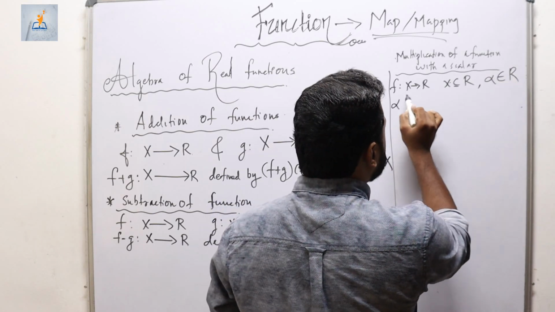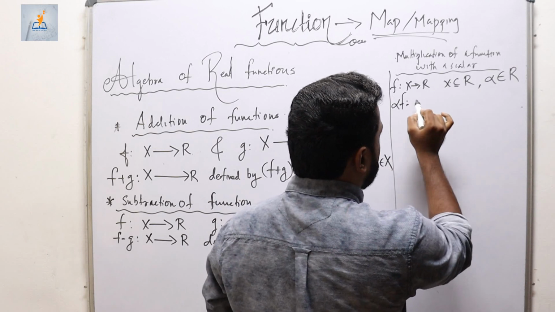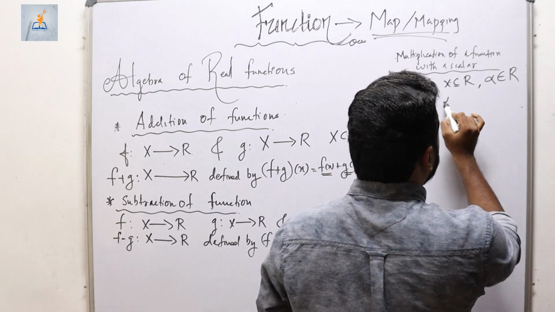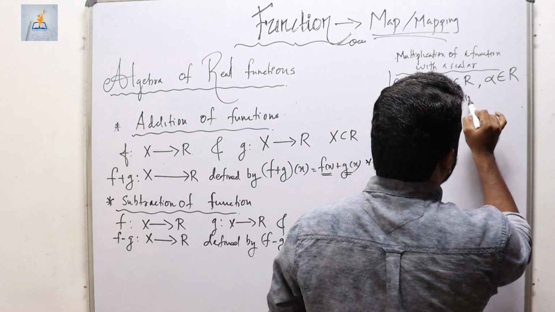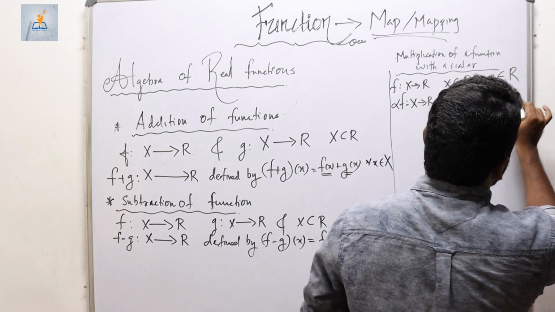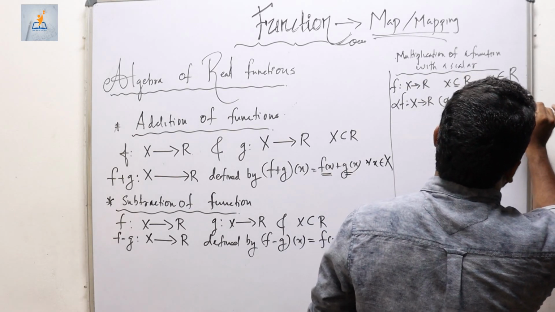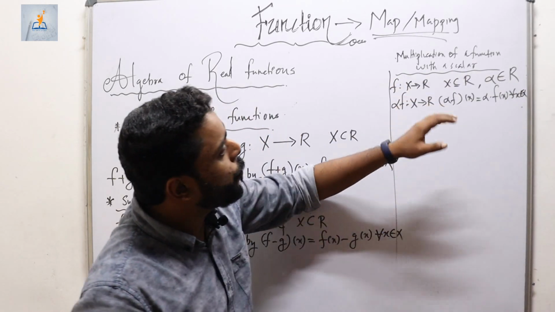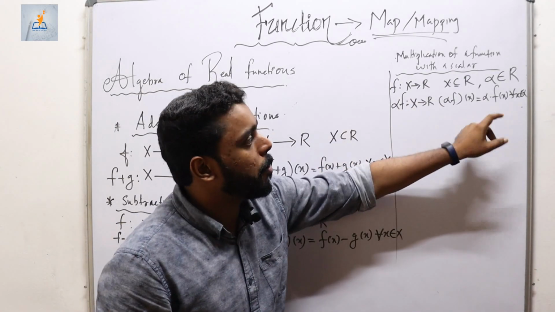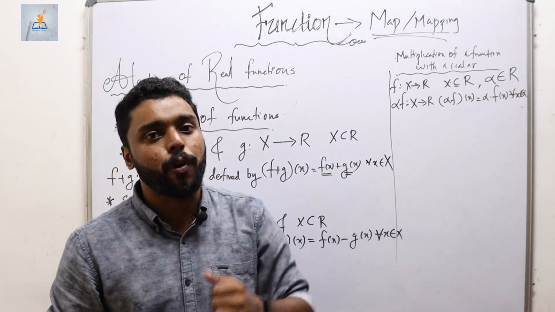Then the product alpha f is a function from X to R defined by alpha f of x is equal to alpha into f of x for every x element of X, which means that for every input value, alpha f is nothing but alpha into f of x.